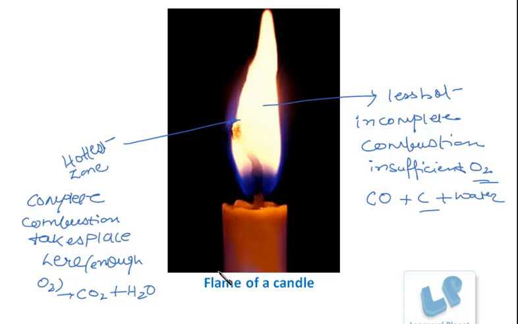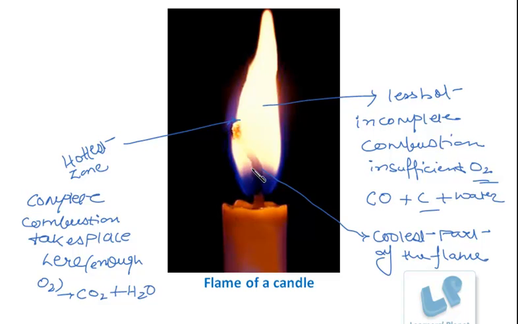Right? Then this is the inner zone. In the inner zone, see this zone is the coolest part of the flame. Right? Now in this zone, wax vapors remain unburnt as no oxygen is available.